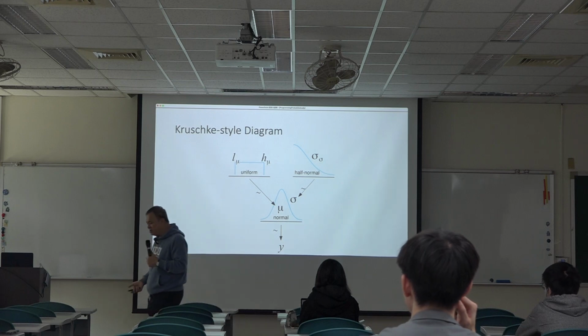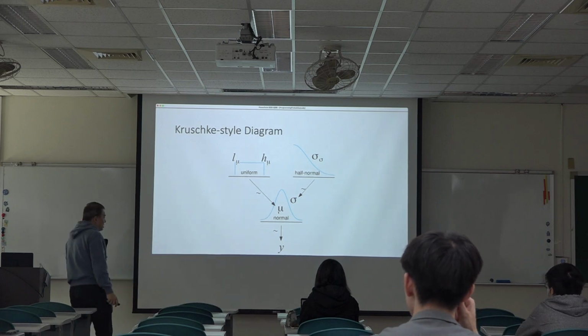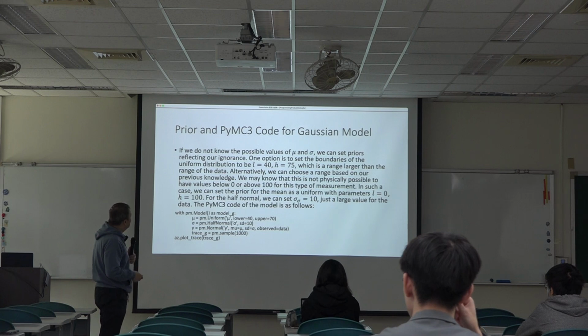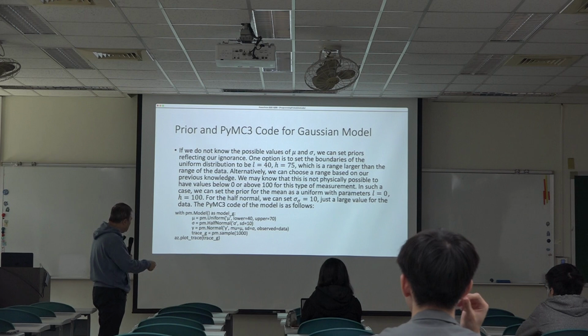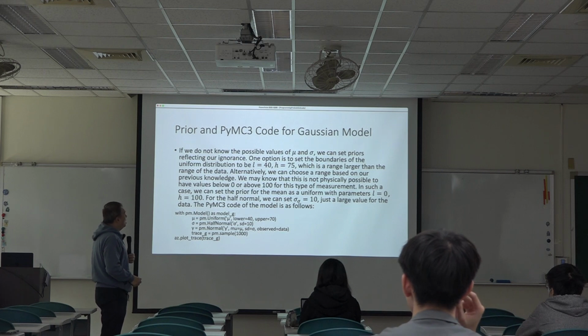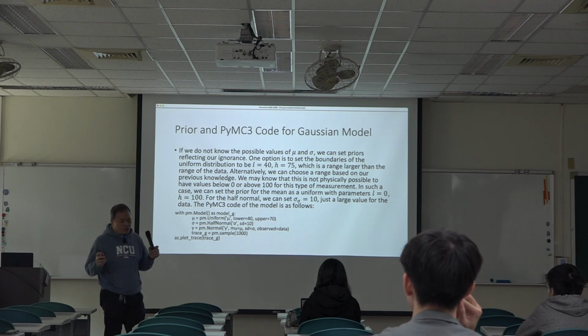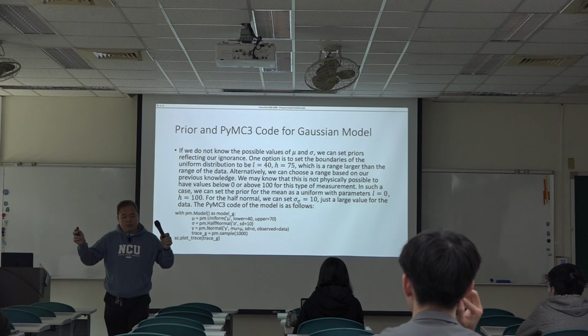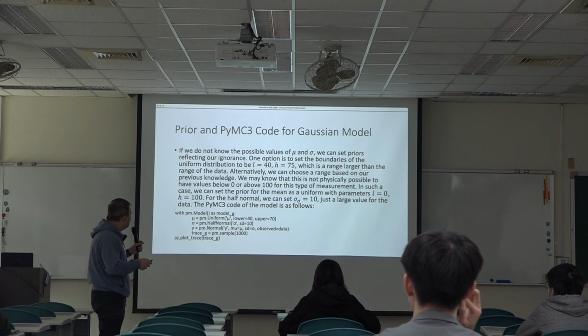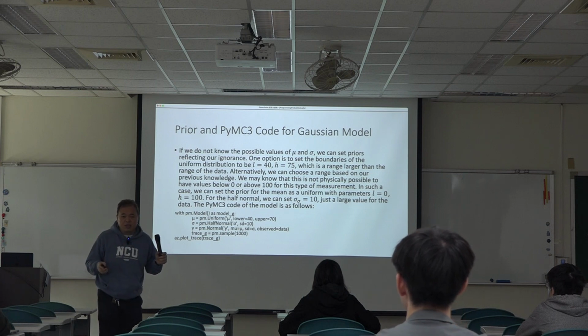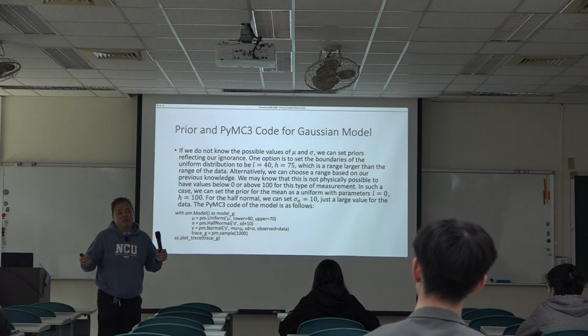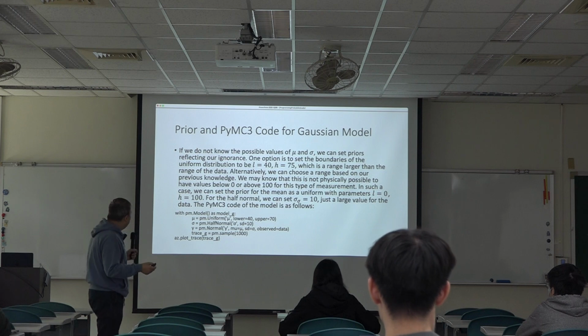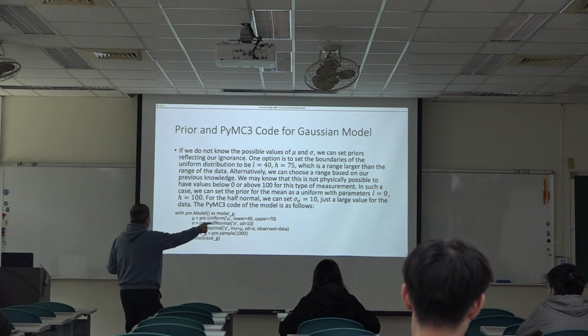When we convert this into a PyMC3 program, it looks like this. Again, it's so simple. Here we set L to be 40 and H to be 75, which is large enough to include all the values in the data set. If you don't know, we can set L to be 0 and H to be 100.